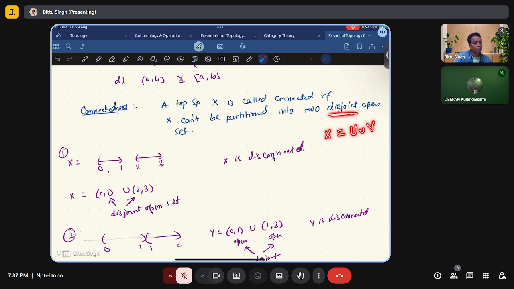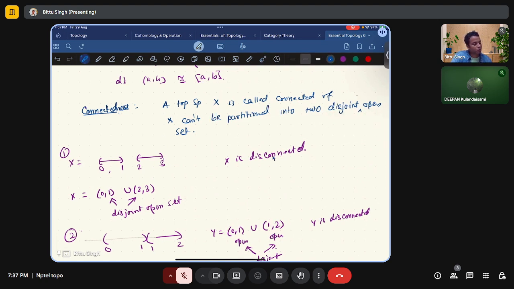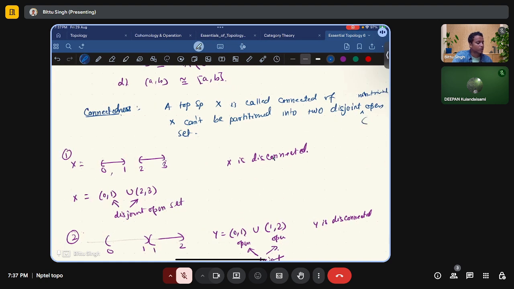Here, disjoint open sets means I always assume that those are non-trivial open sets. Non-trivial means the empty set and the whole set, those two are not allowed. Otherwise we call the space X connected.